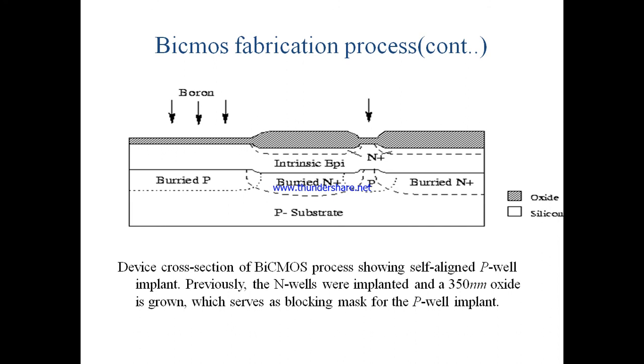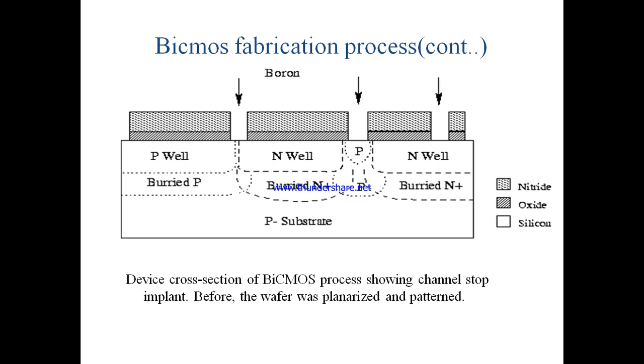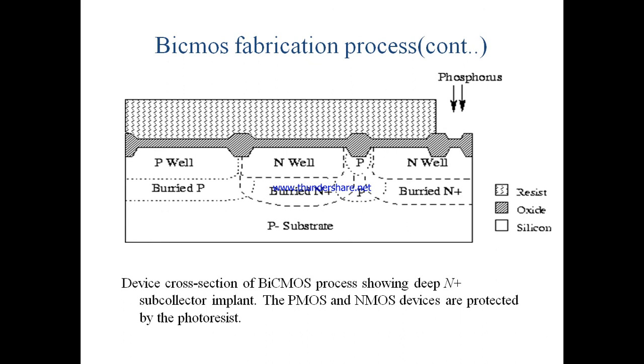After the self-aligning P-well implant, previously the N-wells are implanted and 350 nanometer oxide is grown, which serves as a blocking mask for the P-well implant. Device cross section of the BiCMOS process showing the channel stop implant, before the wafer was planarized and patterned.